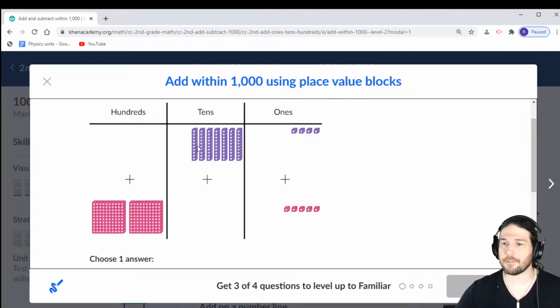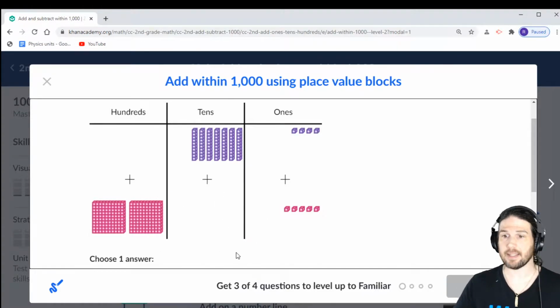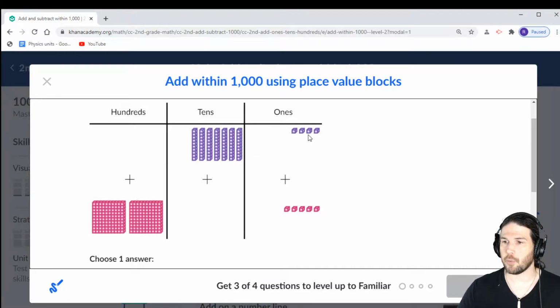And since we have 7 tens and no tens, that's 7 tens, and we have 200s and no hundreds, that's 200s, so we have 270, 1, 2, 3, 4, 5, 6, 7, 8, 9, 279. And we're getting that visually by seeing that we have 200 blocks, 7 ten columns, and 9 ones all together.